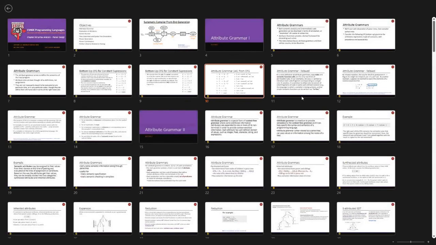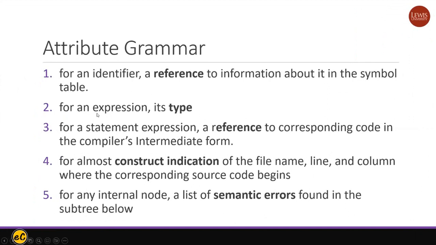Anyway, there's a lot of detail. The second is for an expression. An expression may have an attribute called type. So here, in attribute grammar, as I said, there may be an attribute called value. There may be an attribute called reference, and the reference goes to the symbol table.